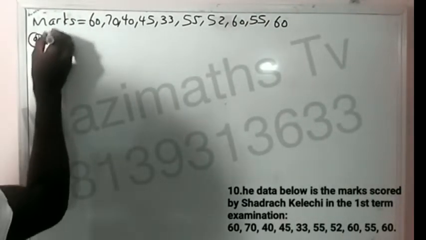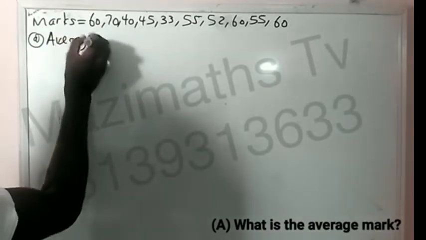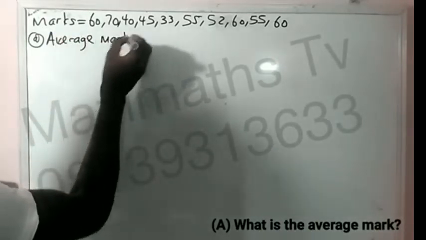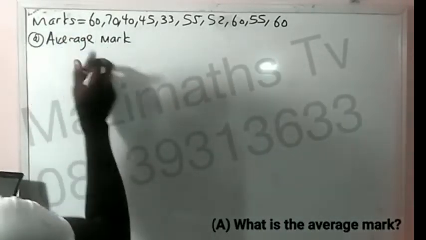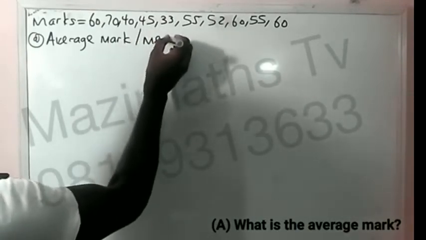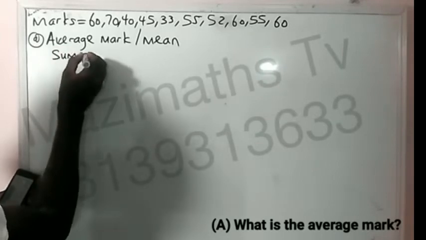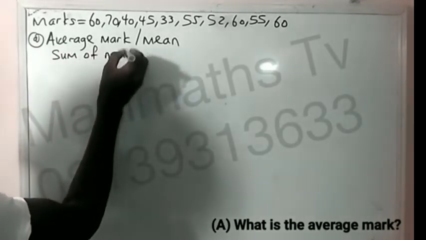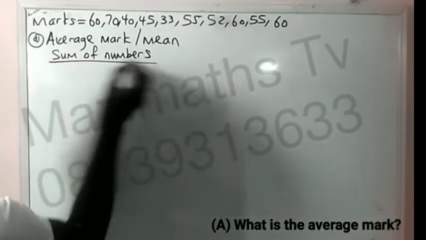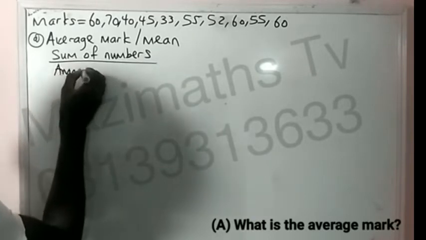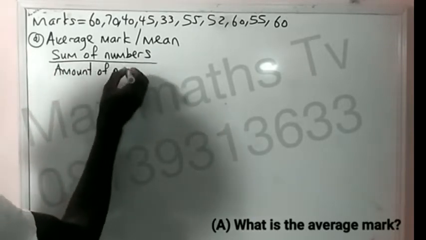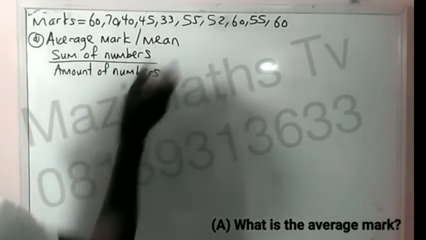Now, we are going to find the average mark. At times we do not use the word average, we still mean the same thing as mean. To find the average, it means the sum of numbers over the amount of numbers, that is the amount of scores that you have.